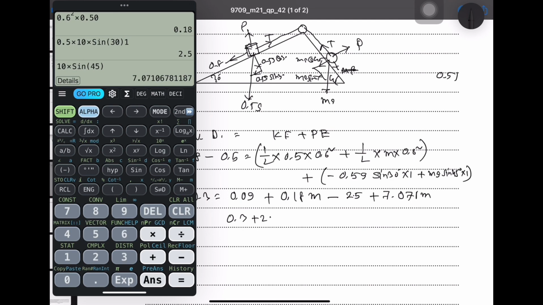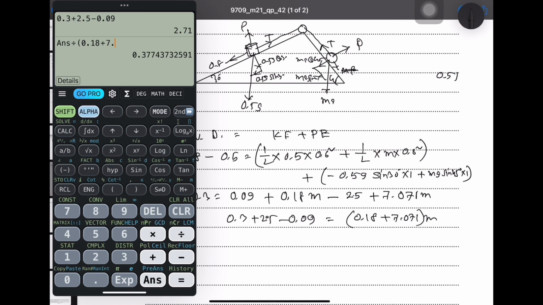So 0.3 plus 2.5 minus 0.09 equals 0.18 m minus 7.071 m. Then 0.18 plus 7.071, then our answer is becoming 74. So thank you very much.